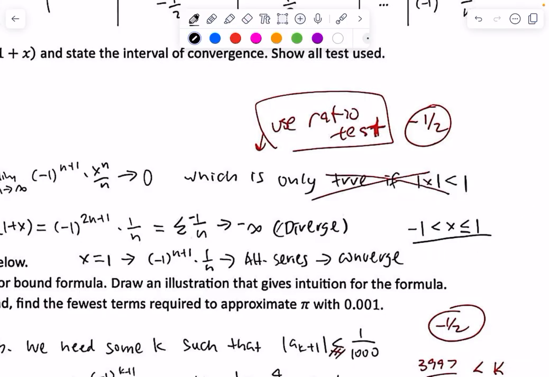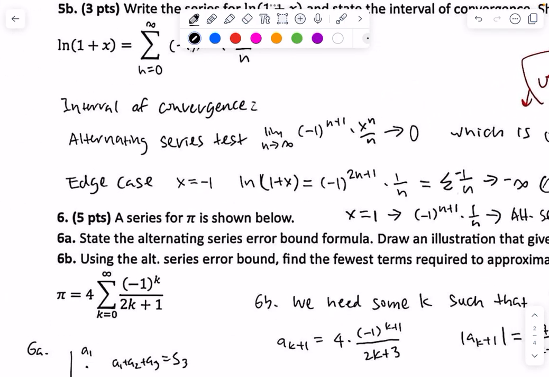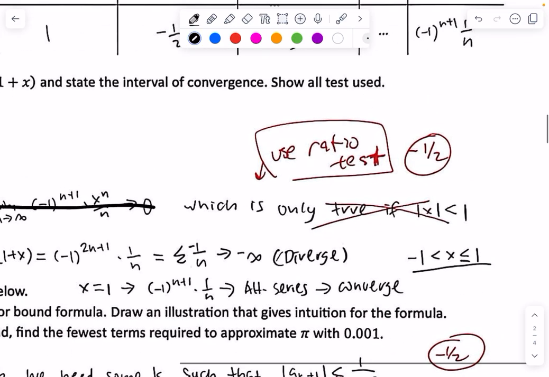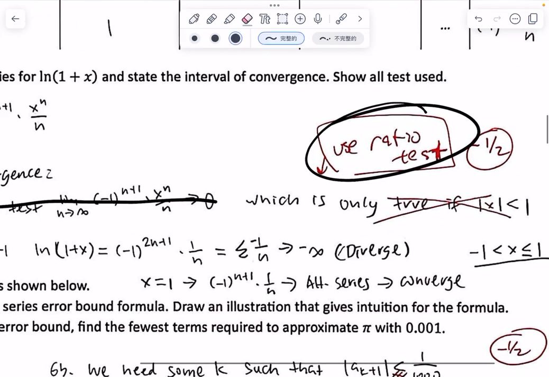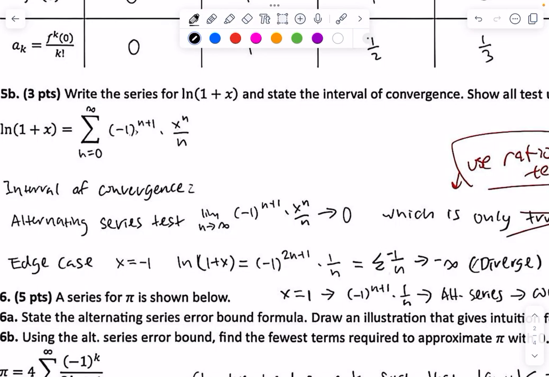And then we know the interval of convergence is negative 1 to 1, inclusive of 1 and not inclusive of negative 1. And to prove that, and here I actually made a mistake, it should not be the alternating series test, it should be the ratio test. So what you would want to do is look at x to the n plus 1 power. So if we were to do the ratio test, we would get this.